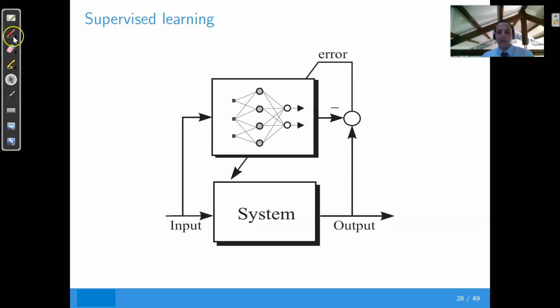Supervised because you are comparing the desired output, which is the output of your system, and which is also the target T, or desired, with the output Y of your neural network.